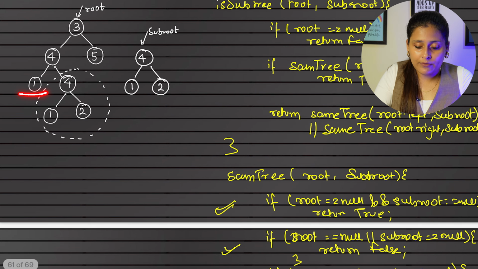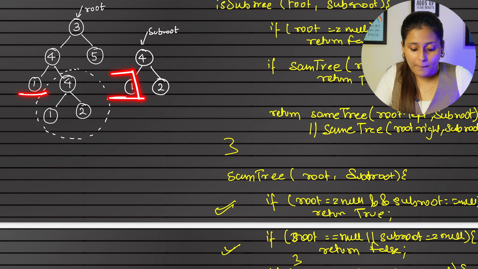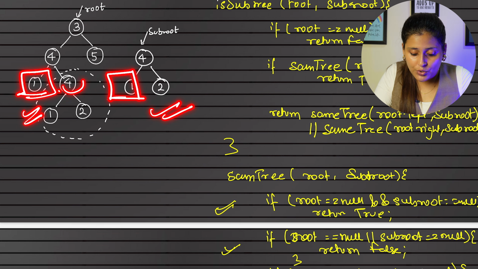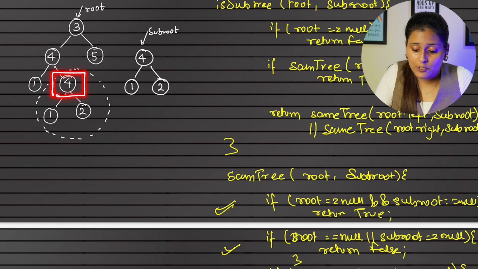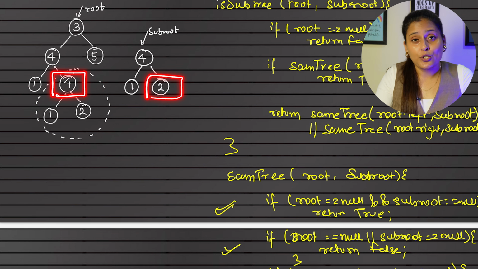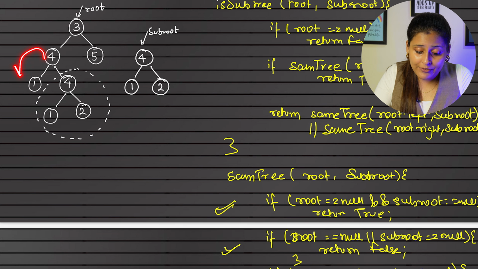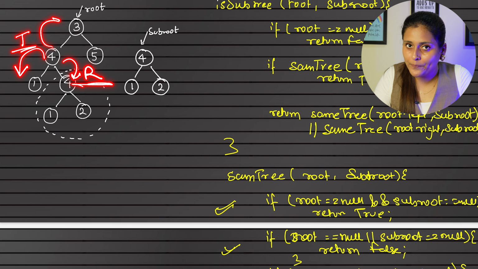See, here 1 and 1 will say it is matching. Yes, but we cannot return true, because if the complete tree matches, then this should also be the same tree. So we have to check if this 4 and 2 match. It will say no. So from 4's left side we got true, but from 4's right side we got false. So the and operation will say no, we have not got it, correct?